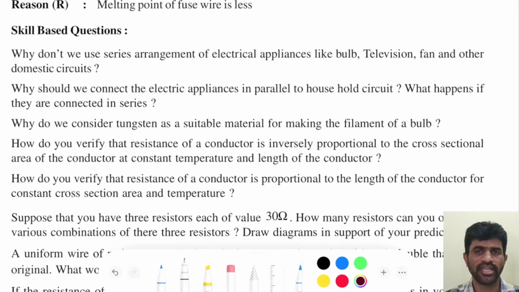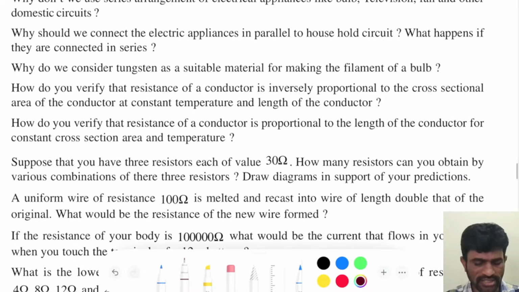Second question: why do we consider tungsten a suitable material for making the filament of a bulb? Because tungsten has high resistance and high melting point.